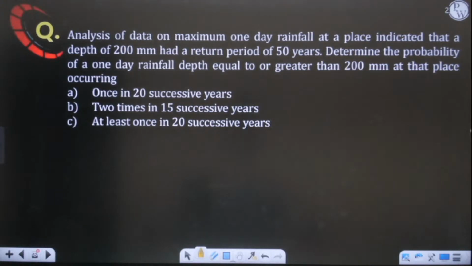Perfect. You are giving right answers. All of you are giving right answers.